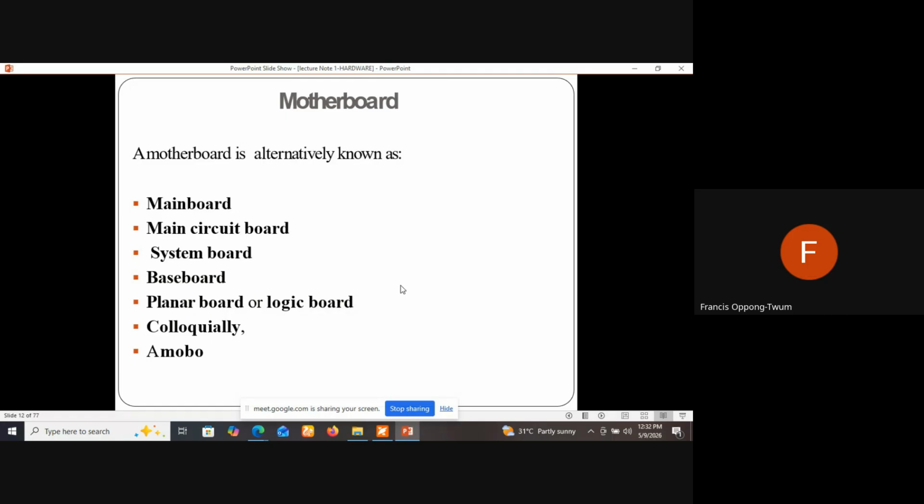Others will refer to it as the logic board. So whichever way they use it, it is the same motherboard that we are talking about: the main board, the system board, the base board, the circuit board, the logic board, and so on. It is all referring to the motherboard. So let us get that in mind.